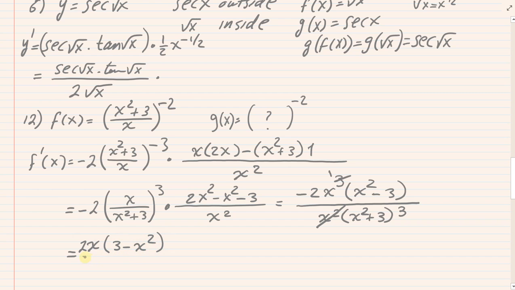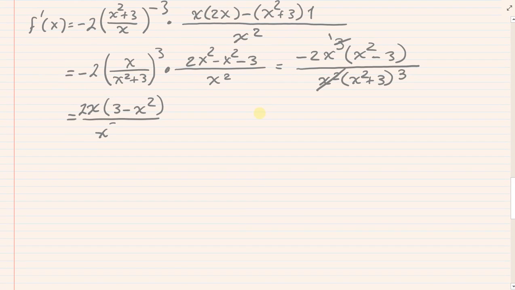You see, I distributed the sign inside. And that's divided by x squared plus 3 quantity cubed. And there we have that one. So that's going to be the final answer for this exercise.